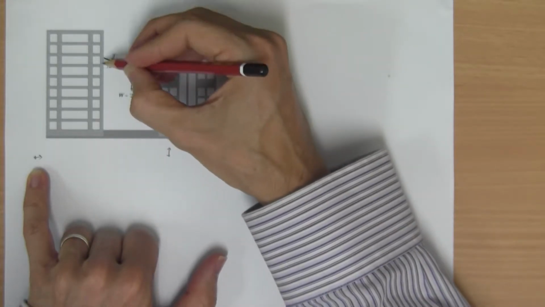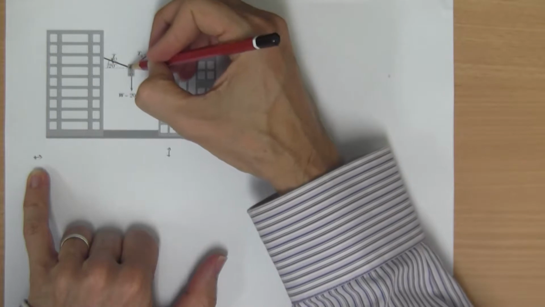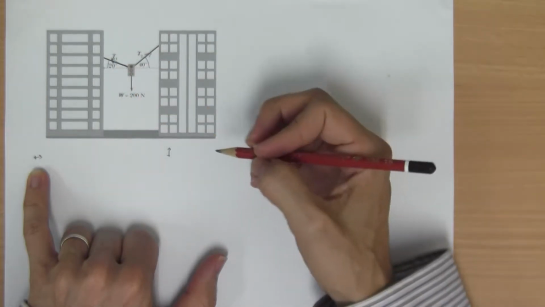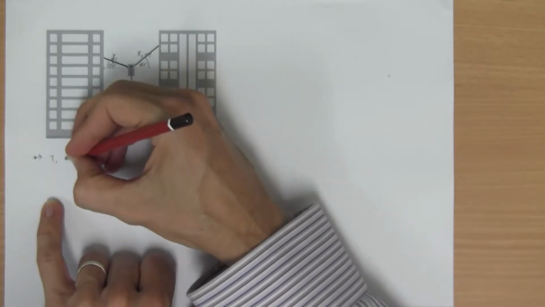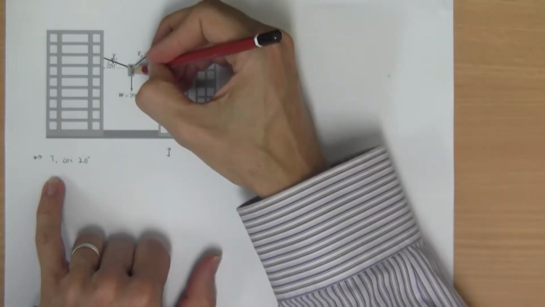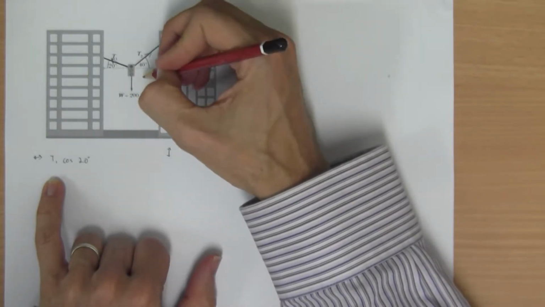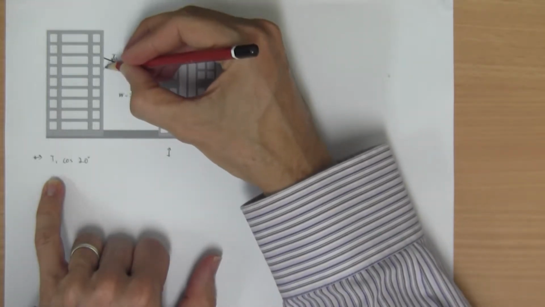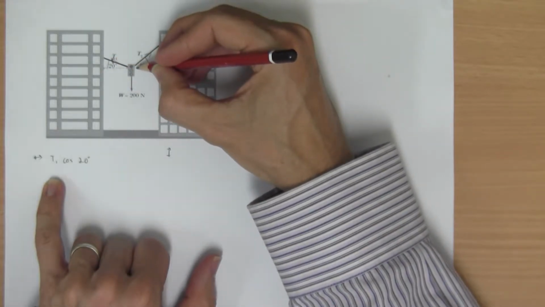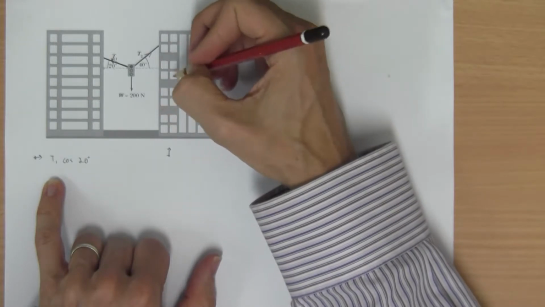T1 is going to be negative because it's going backwards, and we're looking at this component here, which is T1 cos 20. Now what I know is the traffic light isn't moving left or right, so the horizontal component from T1 must be equal to the horizontal component from T2.